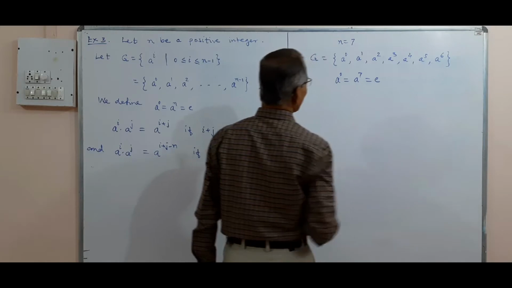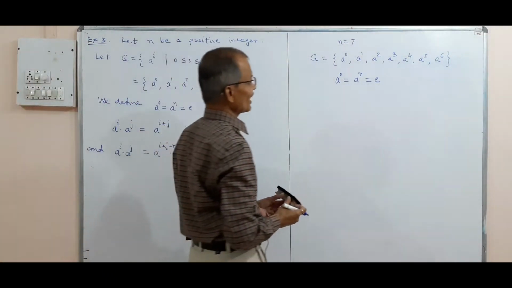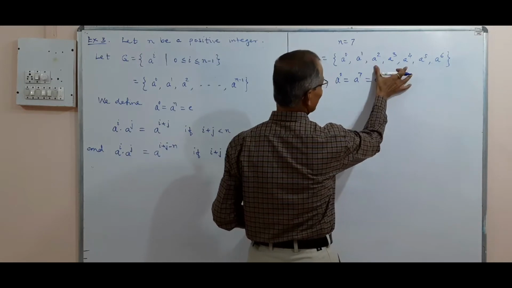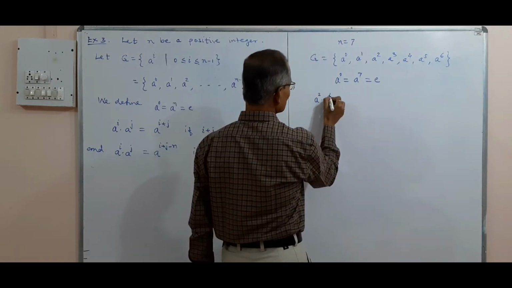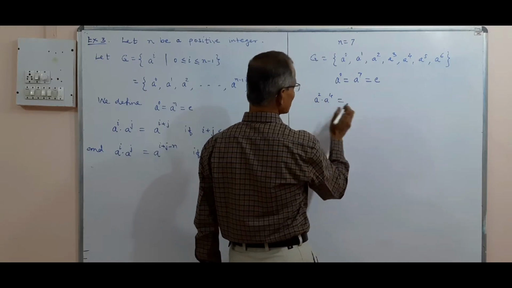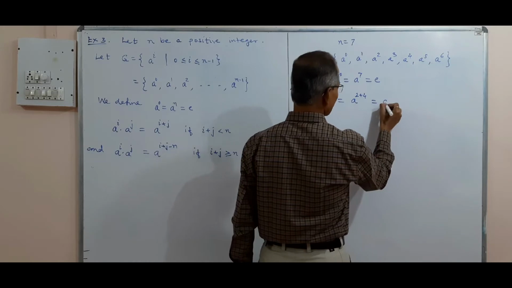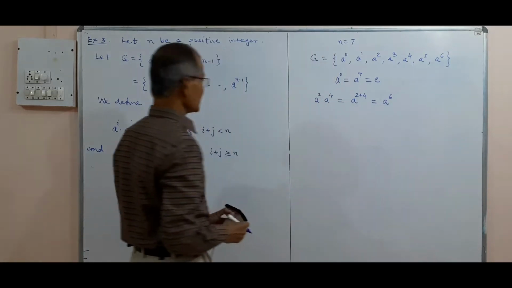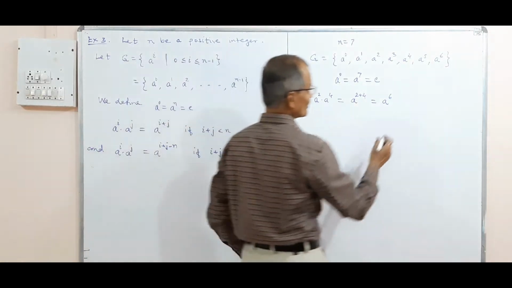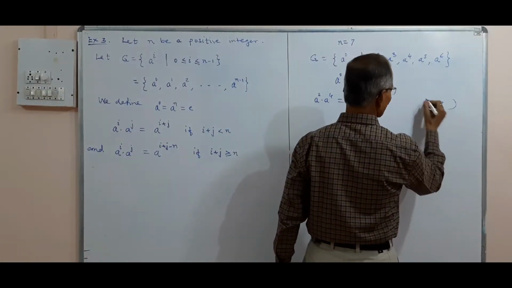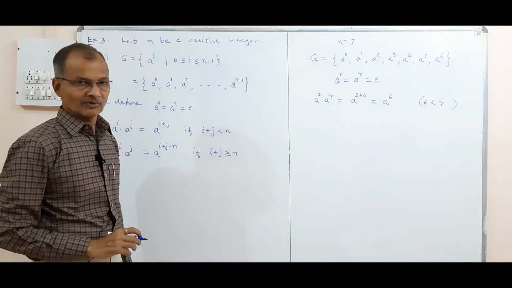That is e. And for remaining compositions, suppose we want to multiply a square and a raised to 4. So a square into a raised to 4 is equal to a to the power 2 plus 4, that is 6. And this 6 is less than n, which is 7 here. So 6 is less than 7. So therefore this is usual laws of indices we have used.